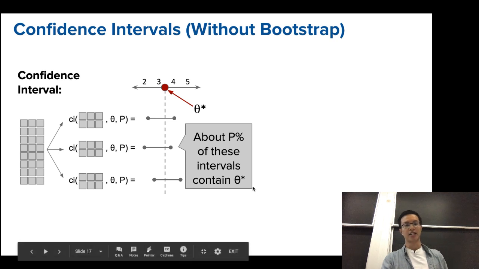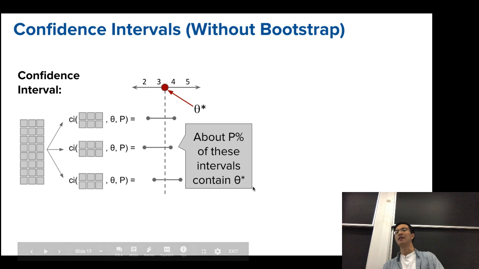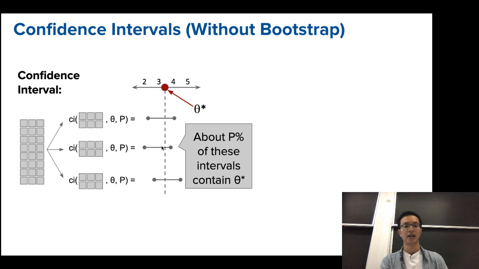And so what we'll say here is that if our confidence interval is 95% confident, then we expect that about 95% of these intervals will contain theta star, our population parameter. So that's the meaning of confidence.